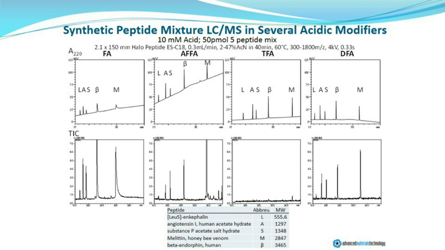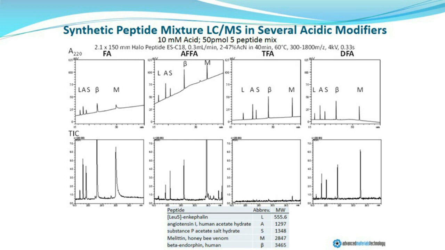And in this example, in the top panel, you see the UV representation of that separation. And with formic acid, and this is a straight gradient elution chromatogram using acetonitrile with a Halo Peptide ES-C18 column under otherwise pretty typical conditions for peptide separation.